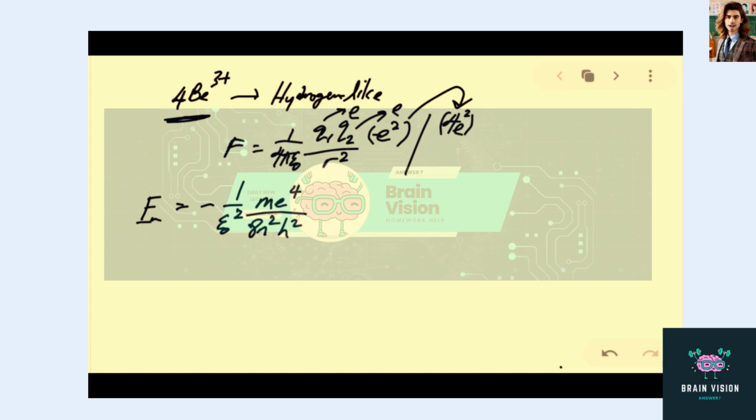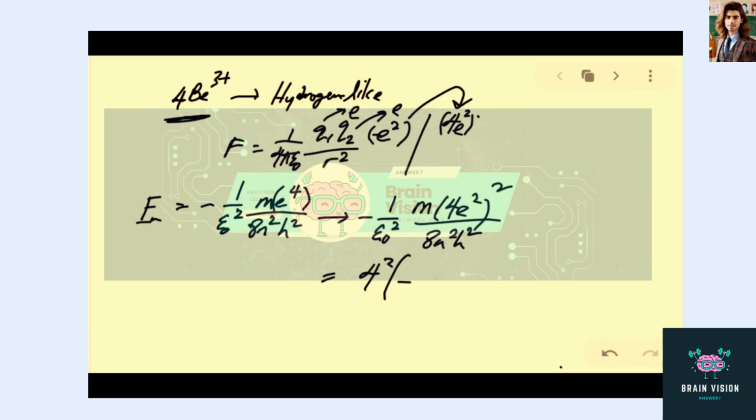Now, if you replace e squared with 4e squared, it means that this e to the power of 4 will be replaced for beryllium to become m times (4e squared) squared, which equals 4 squared times the original hydrogen expression.